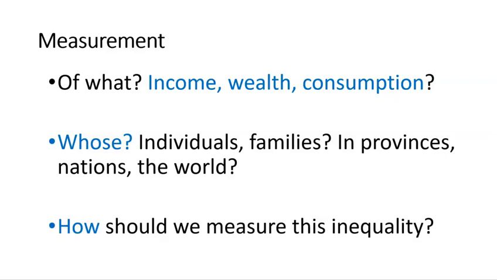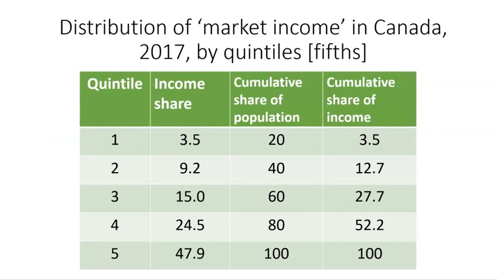Well, of course, we also need to ask how we're going to measure inequality. So what I'm going to do is just give you an example of how you can measure that in Canada. What we typically do is look at annual incomes.